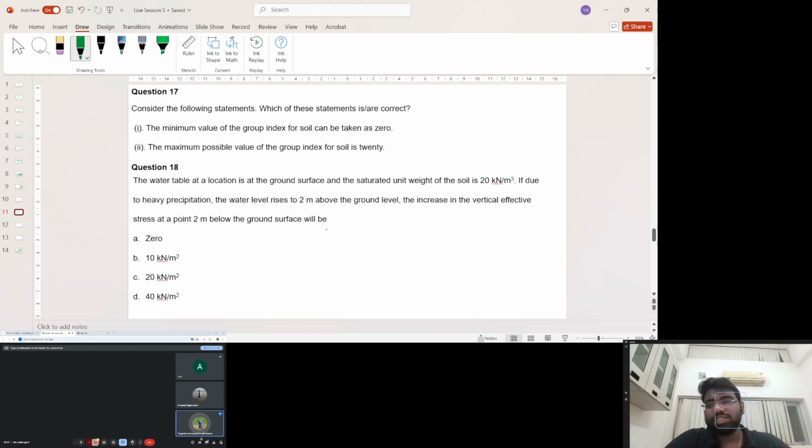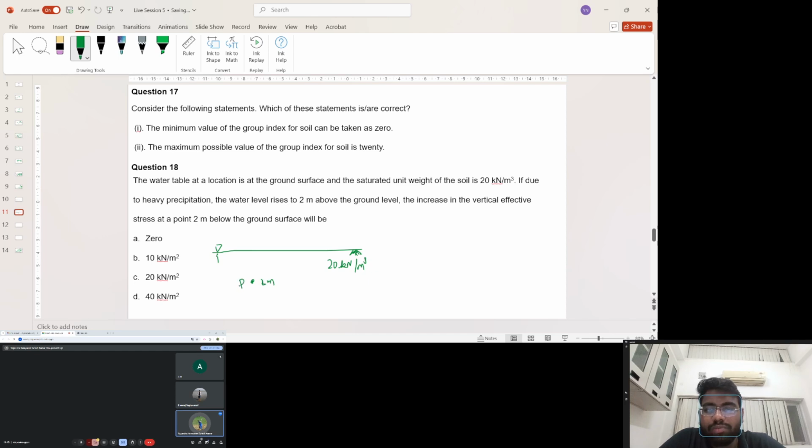Now we have to understand the question. So initial condition is that there is a ground level and at the same level there is a water table. That is what they are saying. And the saturated unit weight of soil is 20. Now the point of consideration is 2 meters. Right.